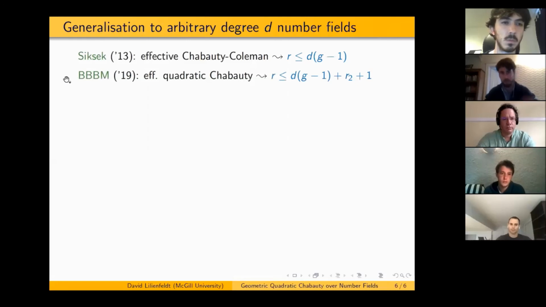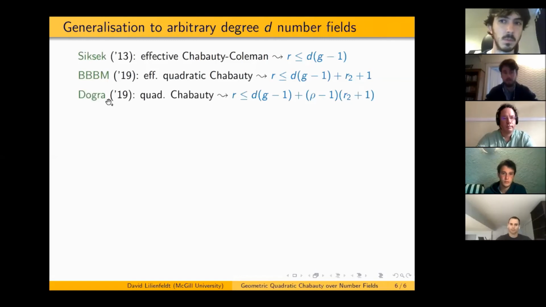Then the work of Balakrishnan, Besser, Bianchi, and Müller extended the effective quadratic Chabauty method to number fields, using similar techniques as Siksek, meaning Weil restrictions of Jacobians. And what they obtain is this Chabauty condition here.